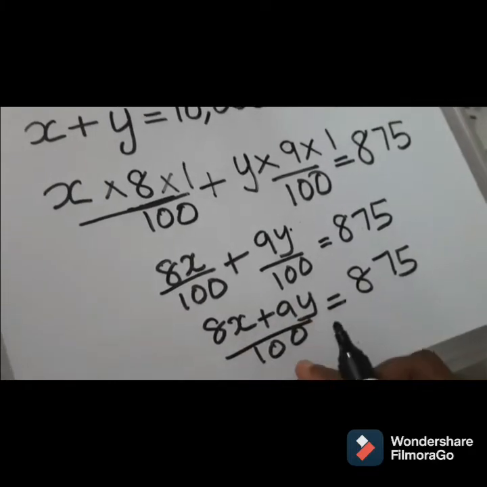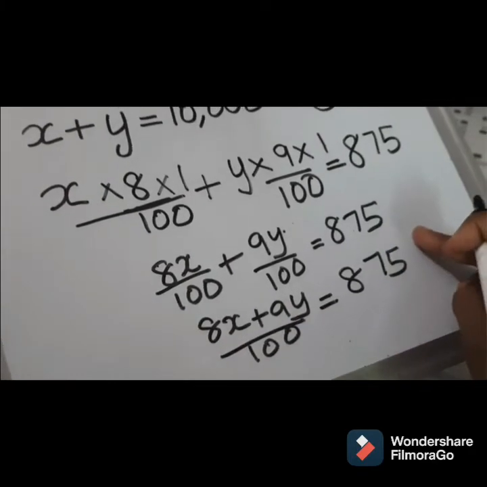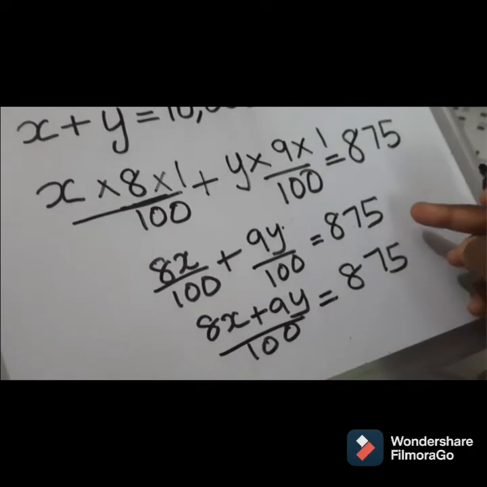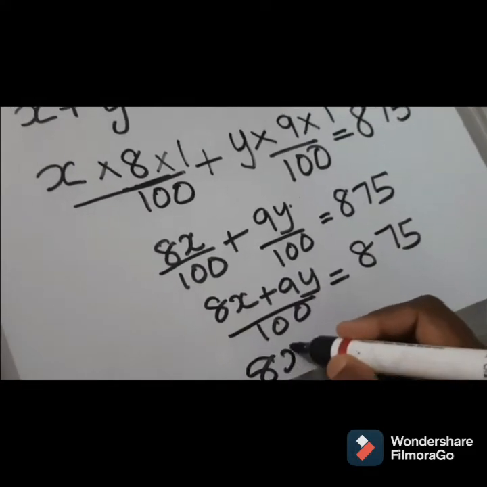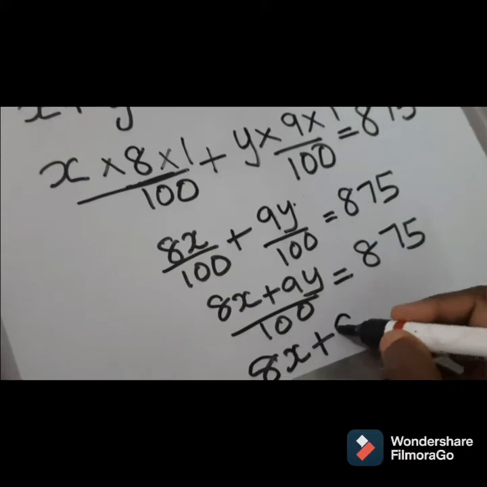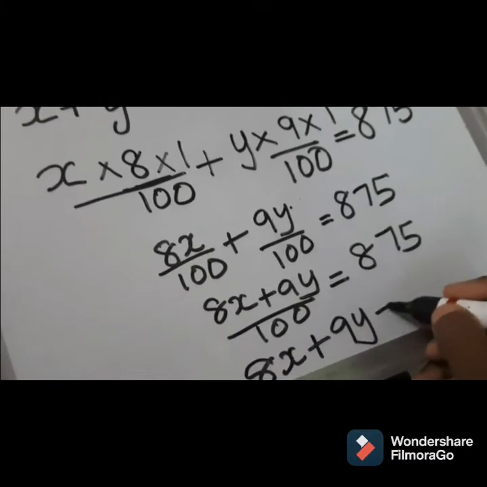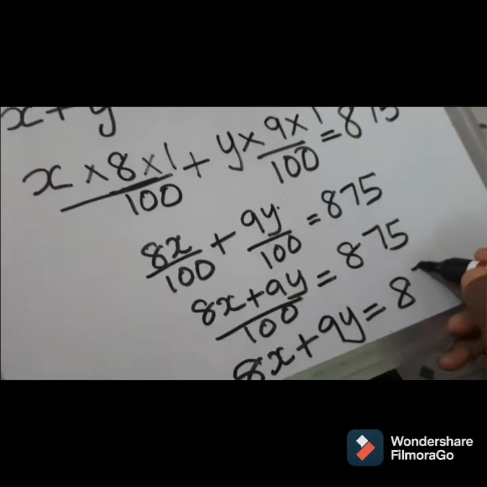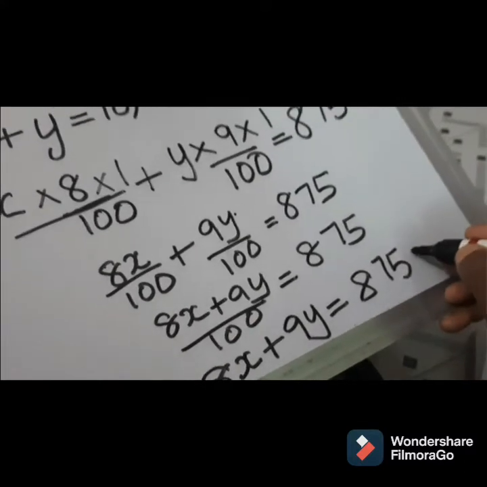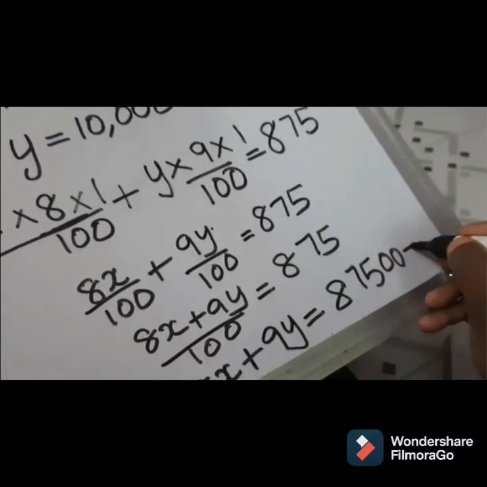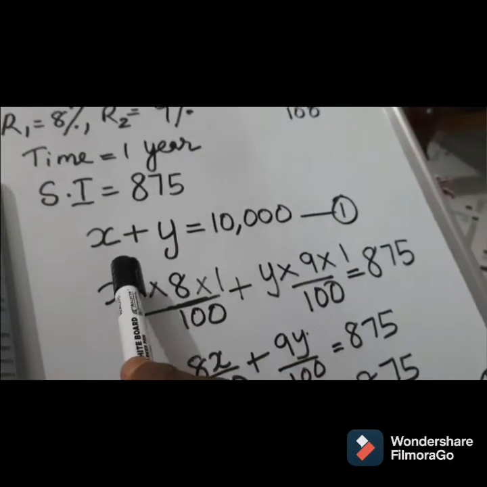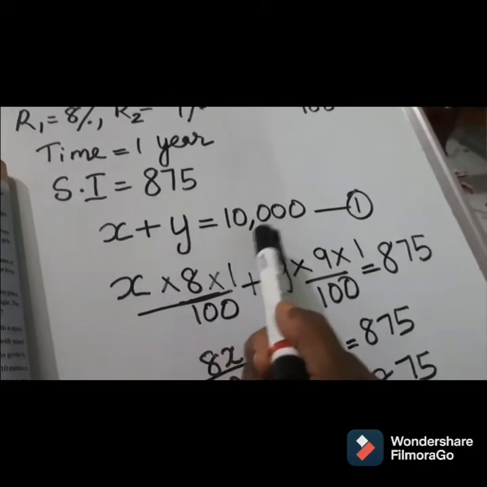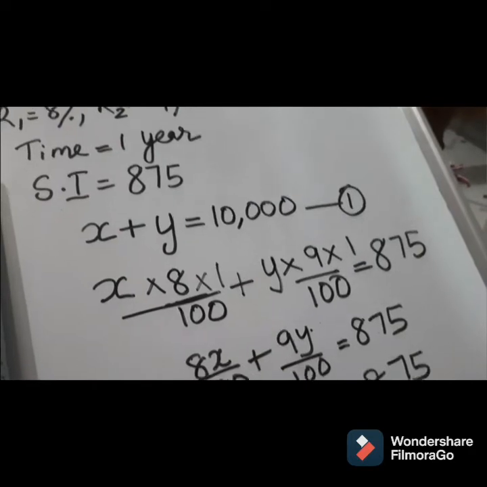Now we can change this 100 to that side. Here it is division, so this will come multiplication. So we can write 8X plus 9Y equal to 875, 2 zeros. This equation we can take as 2. So first equation we get X plus Y equal to 10,000.